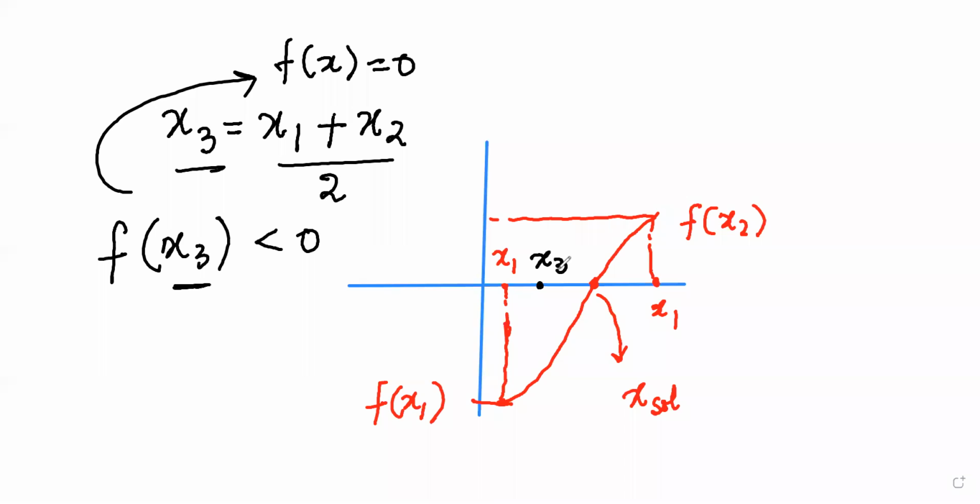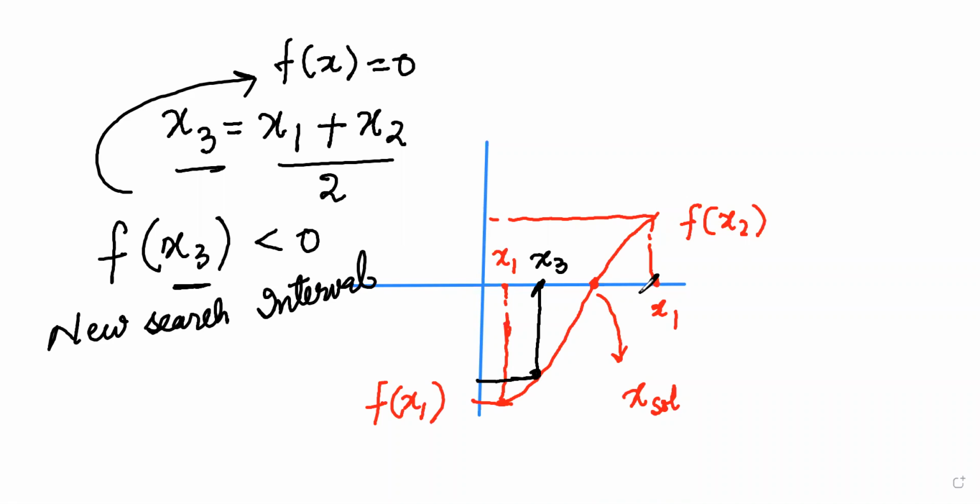If you take f of x3, the value of the function at x equal to x3, it will be this much, and this is negative. Then your new search interval is from x3 to x1, and we know this is correct because our solution is here.